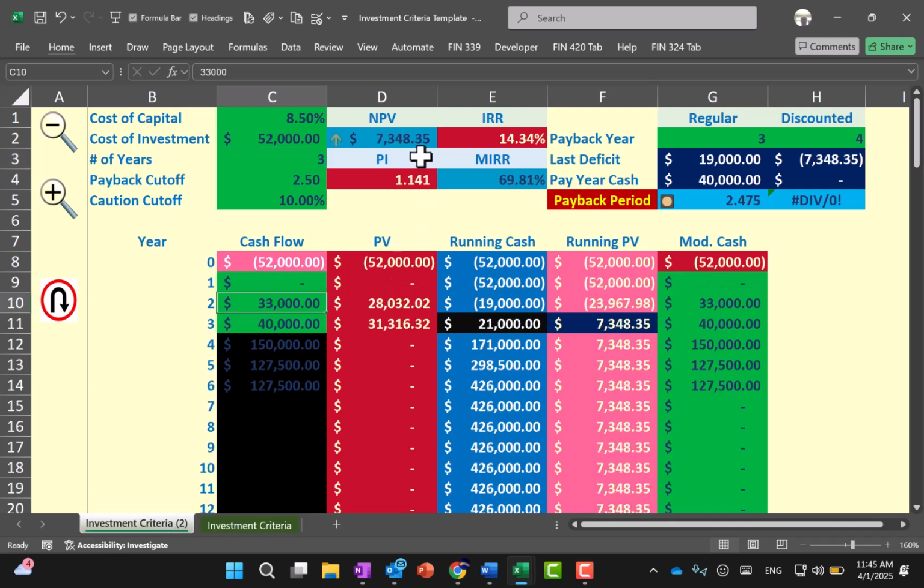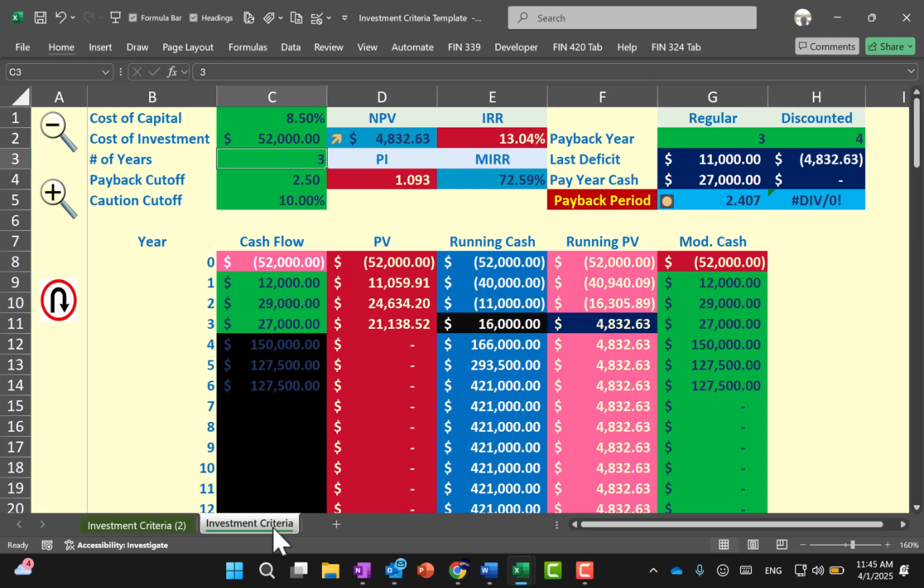So this one has an NPV of 7348. This one has an NPV of 48. So if we were making a decision based on NPV alone, we would have gone with project A. And normally with mutually exclusive, you should be careful about making decisions based on IRR. Well, in this case, the cost is exactly the same, so you may not worry about it.